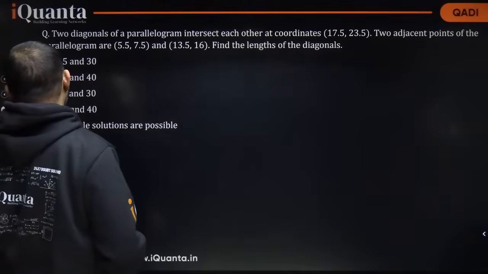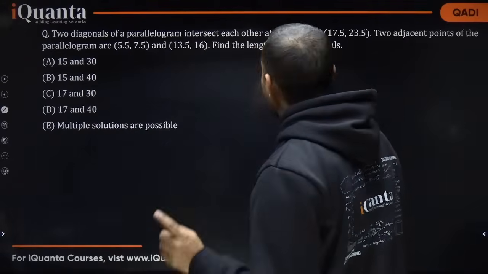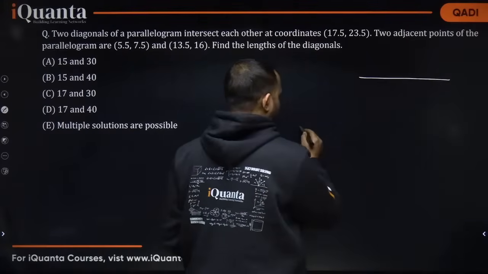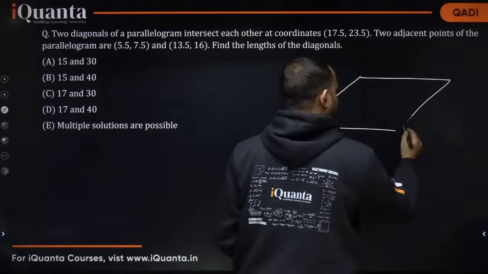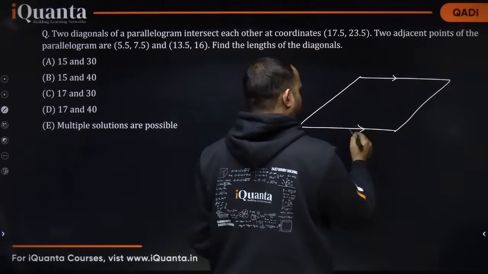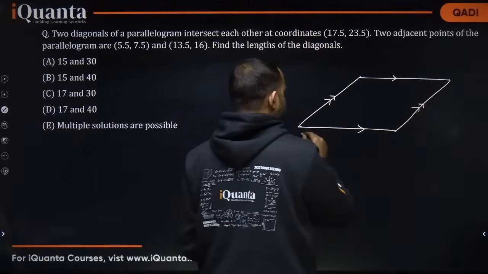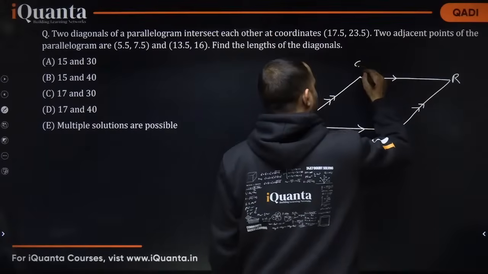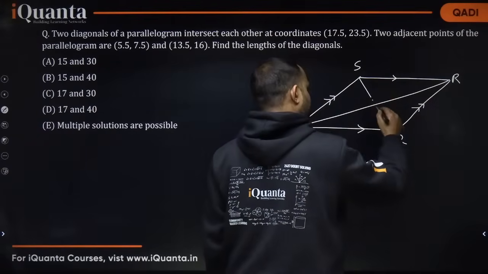In this question it says two diagonals of a parallelogram intersect each other at coordinates 17.5 and 23.5. So let's draw a parallelogram. This side is parallel to this one. Let's say the vertices are P, Q, R and S. They intersect like this.